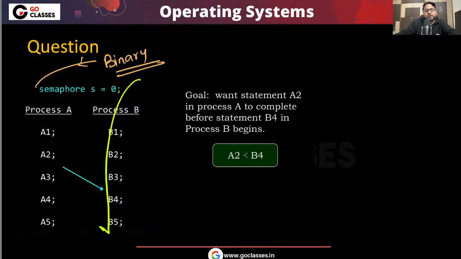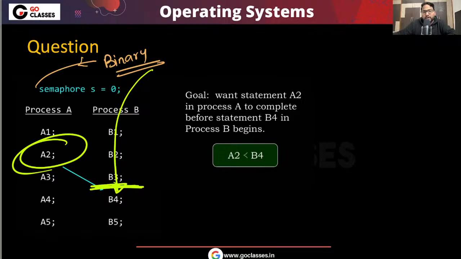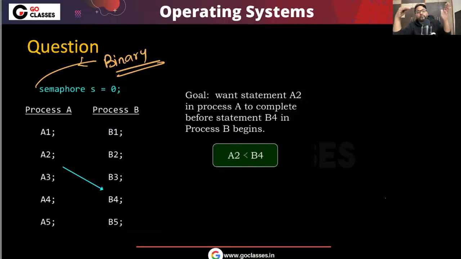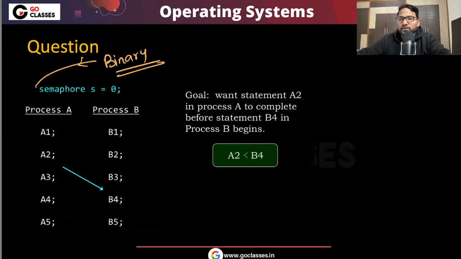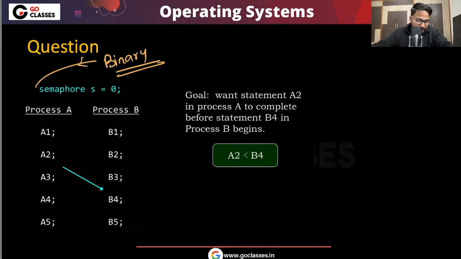In general, process B can execute before A2, but we want process B to wait here. So it is a good idea to put a P operation here, because we don't want to execute this statement until we have executed A2. Here there is an arrow, which signifies the order in which we want to execute.